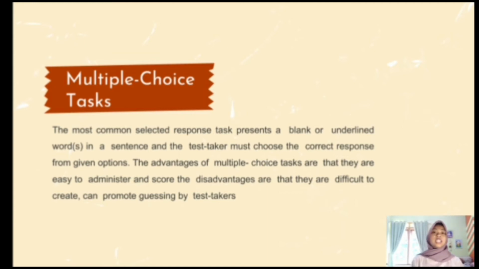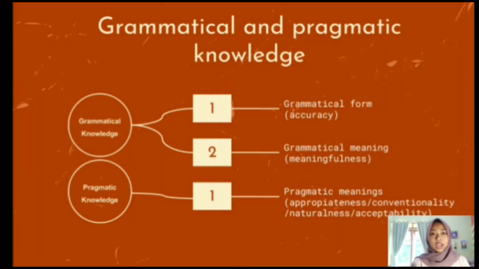The disadvantages of multiple choice are that they are difficult to create and can promote guessing by the test taker. Grammatical knowledge is divided into two parts. The first is grammatical form, and the second is grammatical meaning.